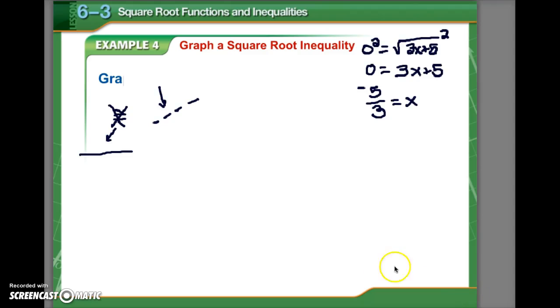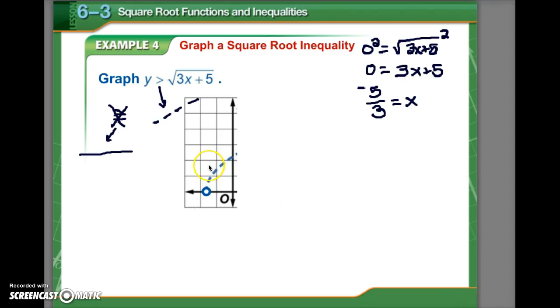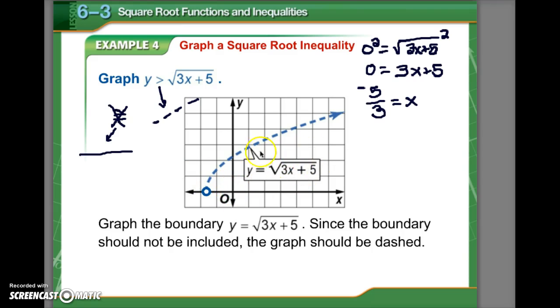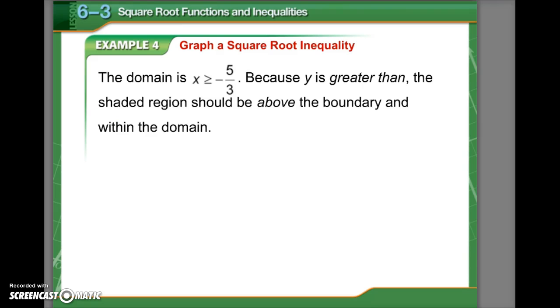So if we go back and look at this graph, 0, 0 is right here, so everything below this graph is not going to be in the shaded region. So let's advance ahead and see what they're talking about for the shaded region.